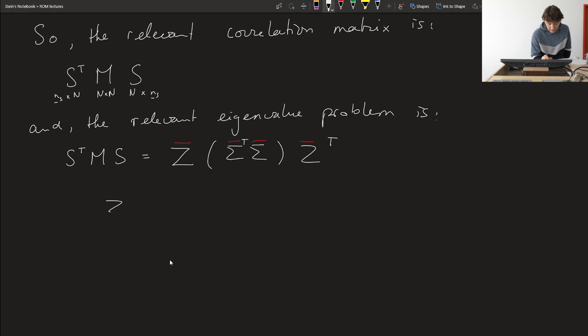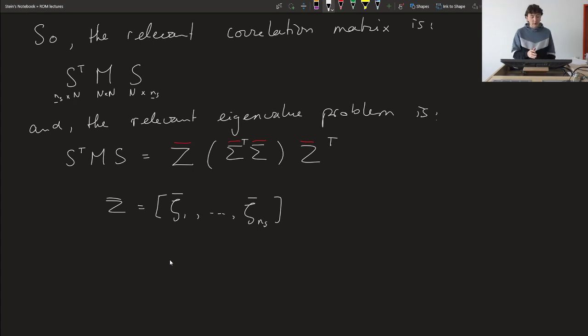The new Z is now filled with zetas bar that are different from the ones we would obtain from the pure SVD, because right now they are encoding the relevant information.